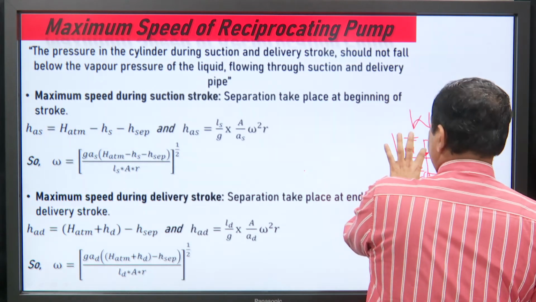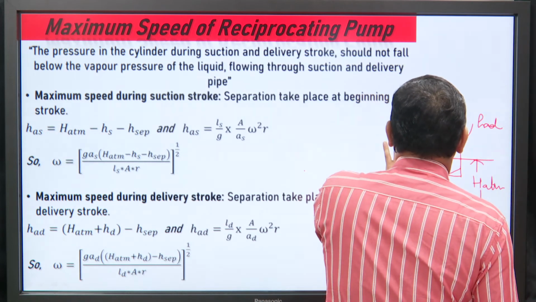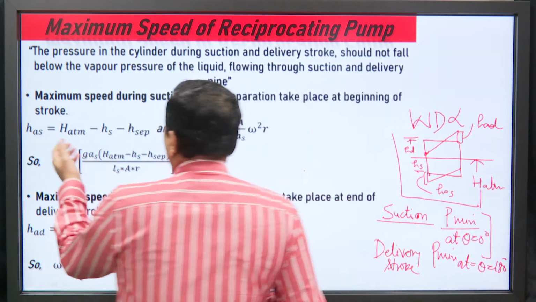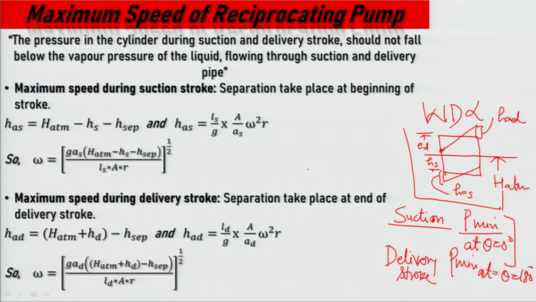If we see in this case Hs, this is the equation we already discussed: H atmospheric minus Hs minus HAS, because we calculate H separation.